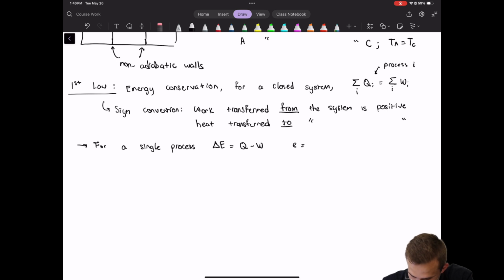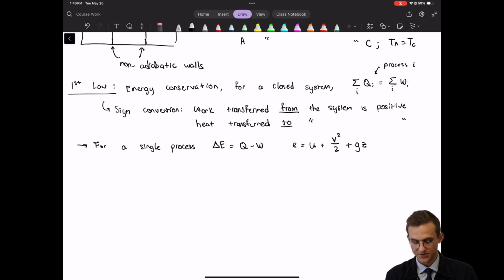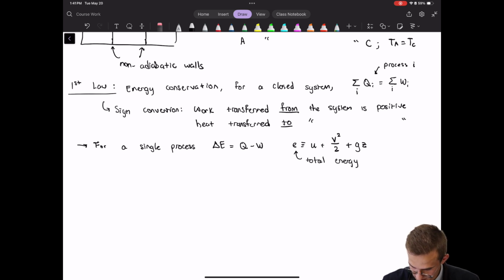On a per mass basis, you could write it as lowercase e is equal to lowercase u plus v squared, now that's that flow velocity I was talking about, this is a kinetic velocity, plus g times z. So you're getting your kinetic and potential energy in there on a per mass basis. This is meant to be a lowercase u here. So this is total energy per mass, and then the capital E is just total energy.